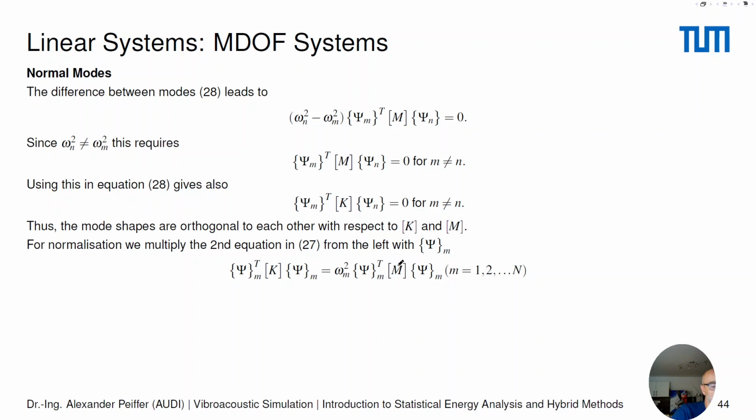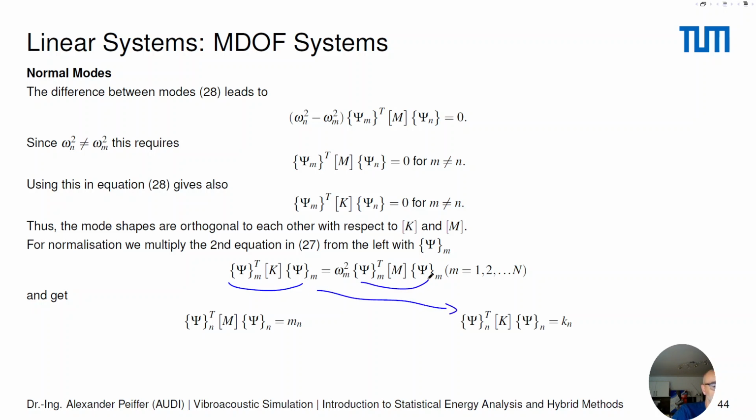So the question is now, what would be a reasonable normalization for it? The simple thing is, if we give such expressions some names, we would define this expression here as the modal mass. So this is the result of the mode shape multiplied by, no, this is not the modal mass, this would be the modal stiffness.